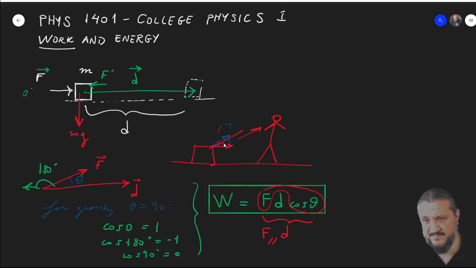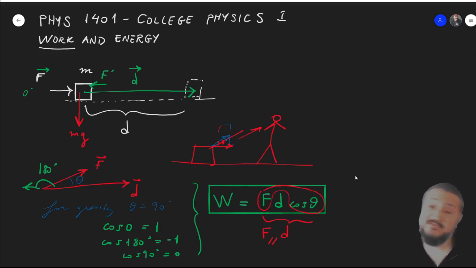And this is the angle theta. So this side divided by hypotenuse is cosine by definition, right? Adjacent over hypotenuse. That's why F cosine theta is F parallel. All right, so you may see both expressions.